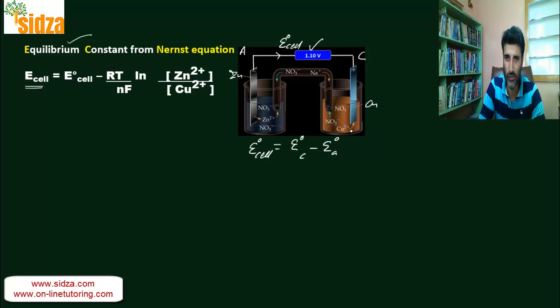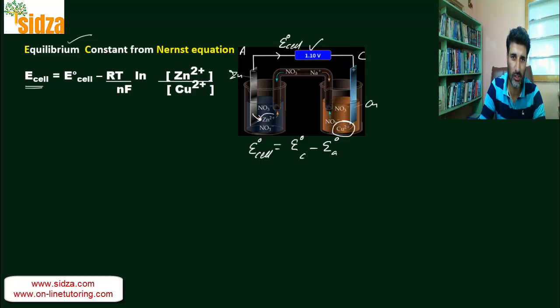When the copper ions gain electrons to form metallic copper, the copper ion concentration in this electrode will decrease with time, so that will decrease the reduction potential of the cathode here. Similarly, when the zinc metal undergoes oxidation, it dissolves into zinc ions and the electrons flow through this wire towards the cathode.